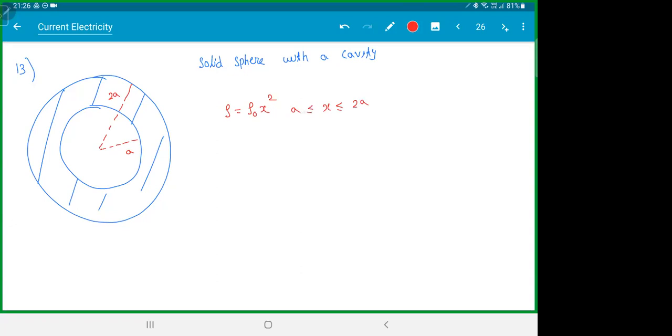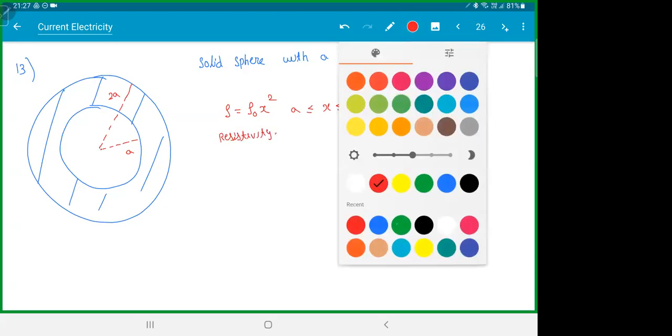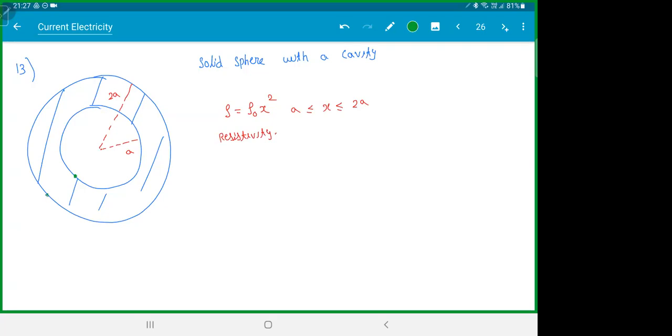So as you're going out, the resistivity is becoming more and more, as a function of X. You have connected the battery between the inside and the outside. This is the voltage V.